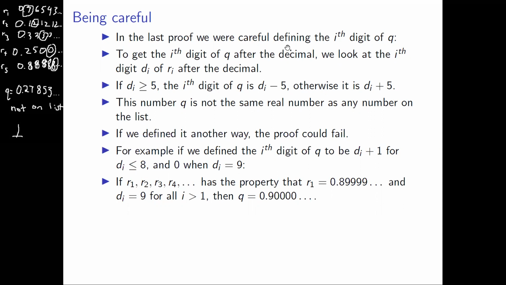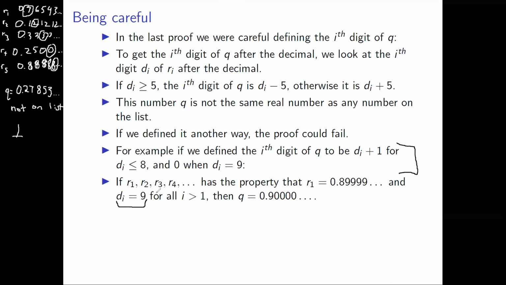Then by how we define Q right here, in the second to last bullet, for the first digit of Q after the decimal, we would take the first digit of R1, which is 8, add 1, so we get 9 for that. And then for the other digits, we would look at the ith digit of Ri for each i greater than 1.